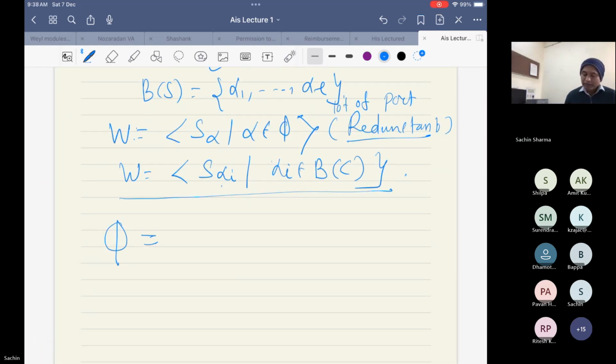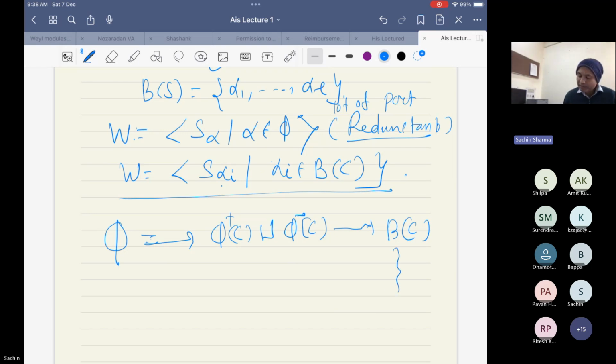So we started with phi, then we fixed a chamber, then we made its union, and then we went to B of C. And what does B of C give us? This gives us A, which is called a Cartan matrix.